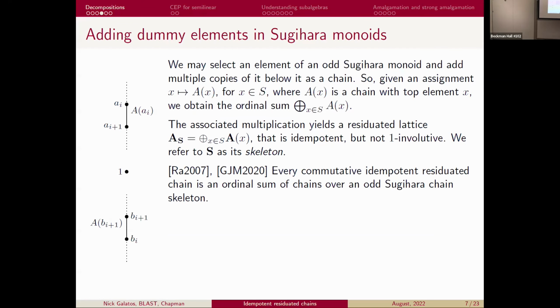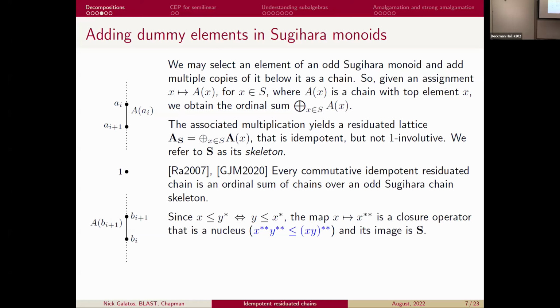And how do you do that? The way it's explained is by a closure operator. The star forms a Galois connection with itself. So apply it twice, and what you end up doing is you take an element of this chain, and by double negation, you end up sending it to the top of the local chain. So that's a closure operator. It's more than that, it's submultiplicative.